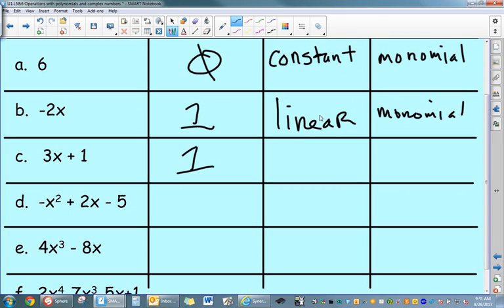There's a 1 here, so it's first degree. There are two terms. What is a two-term polynomial called?